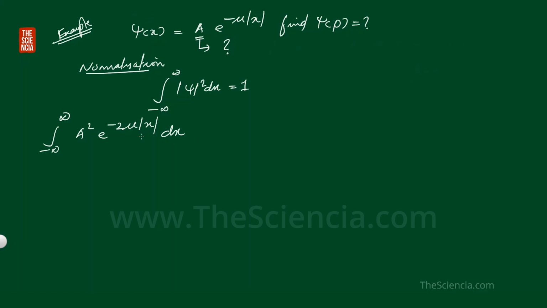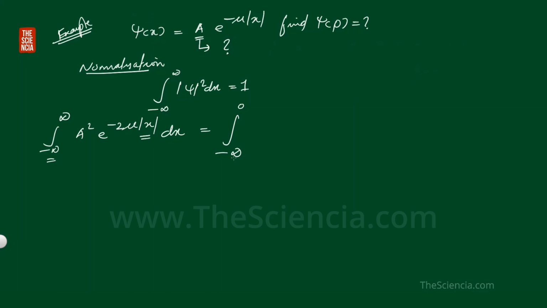And here there is a mod function, and this is an integral from minus infinity to plus infinity. So we can separate it into two regions, one is from minus infinity to 0. Why? Because this mod x has a different value in different regions.